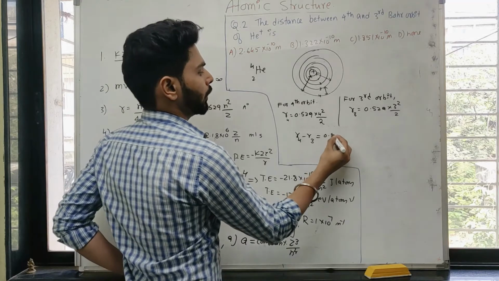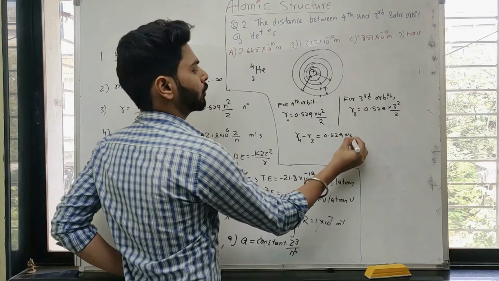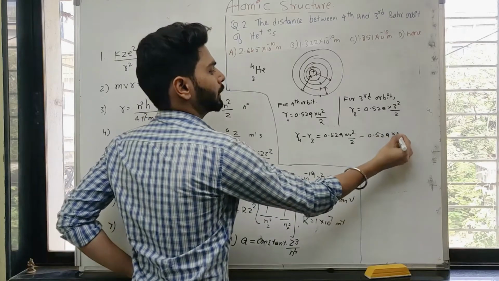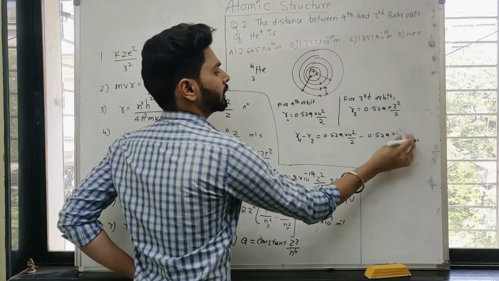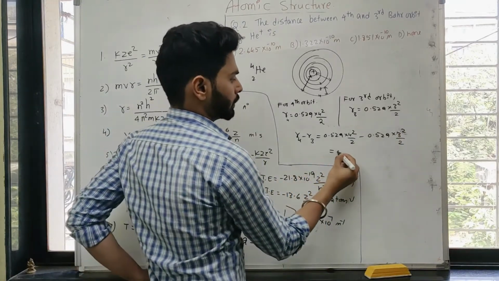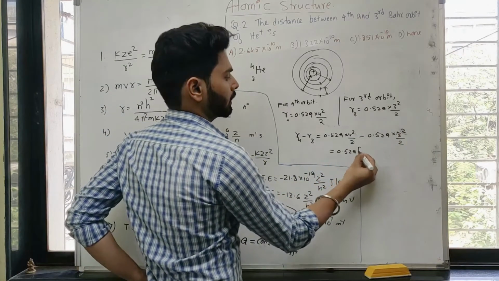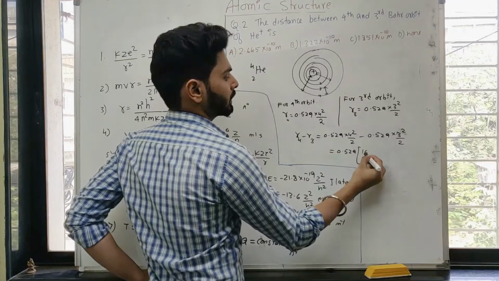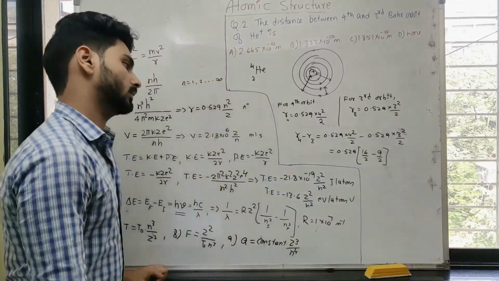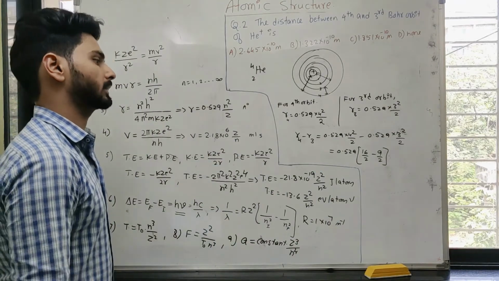That is 0.529 into 4 square divided by 2 minus 0.529 into 3 square divided by 2. Let's take 0.529 common. So 4 square is 16 by 2 minus 9 by 2, that is 7 by 2.